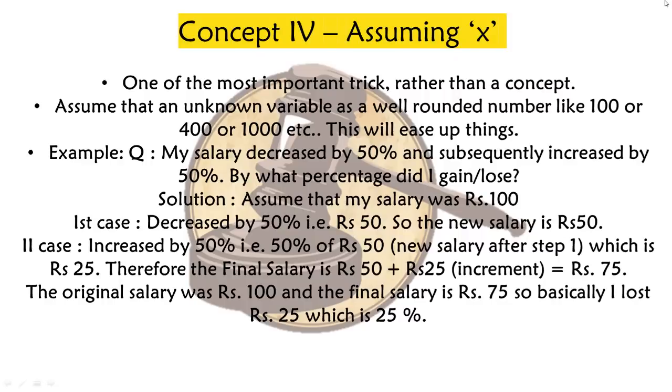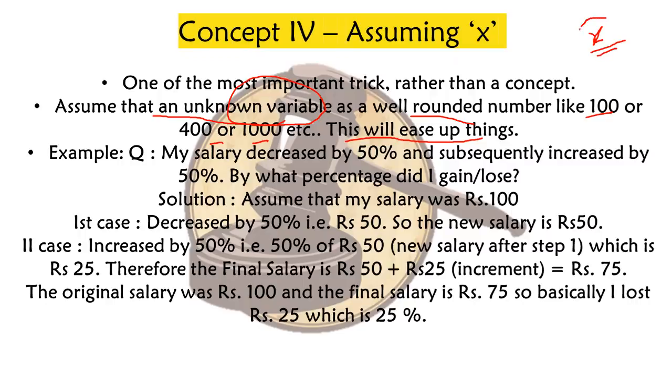Moving on, the fourth concept is not really a concept but a trick which I really used a lot when I was preparing for my exams. So assume that an unknown variable given in the question is a well-rounded number, like let's say 100 or 400 or 1000, etc. This will ease up things for you, so you don't really have to take x and then move in the form of linear equations or something like that.